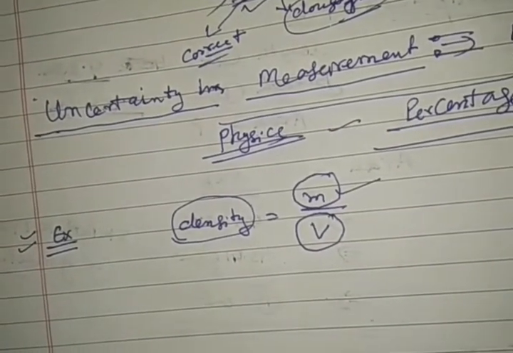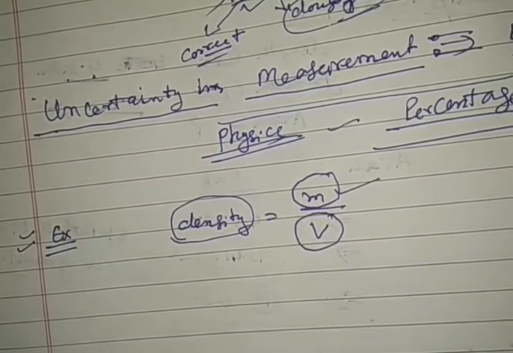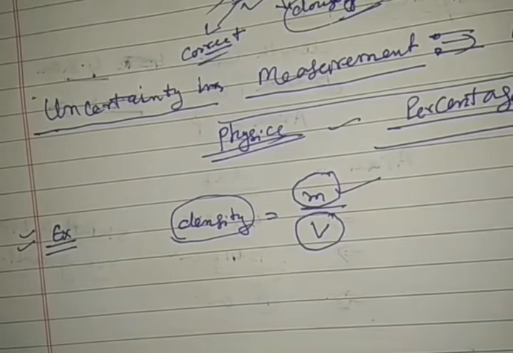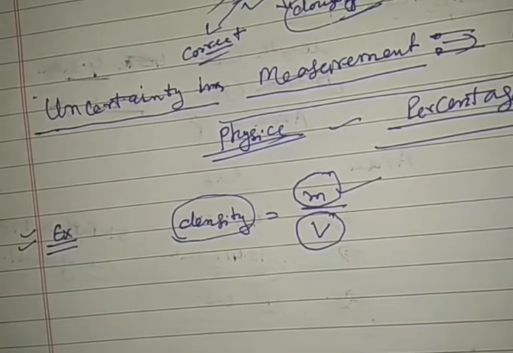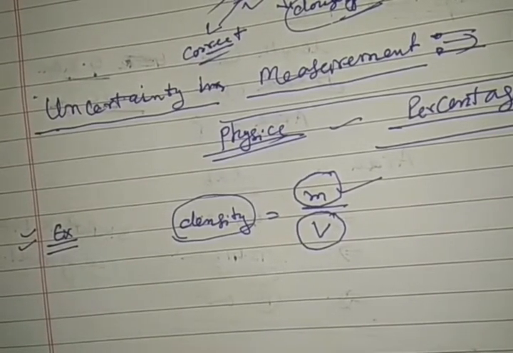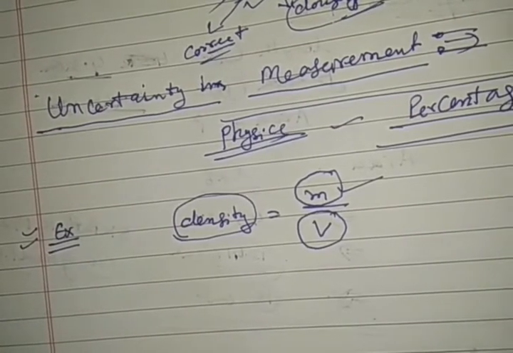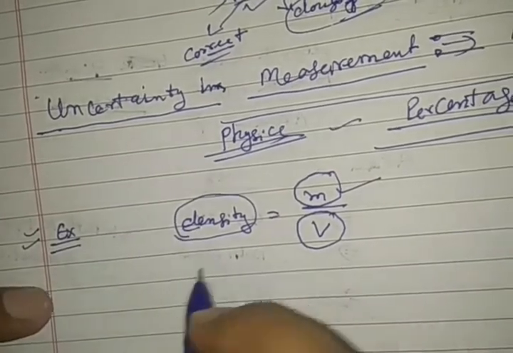The total error is the sum of the error in the measurement of mass and the error in the measurement of volume. This total error determines the maximum possible error in the measurement of density.